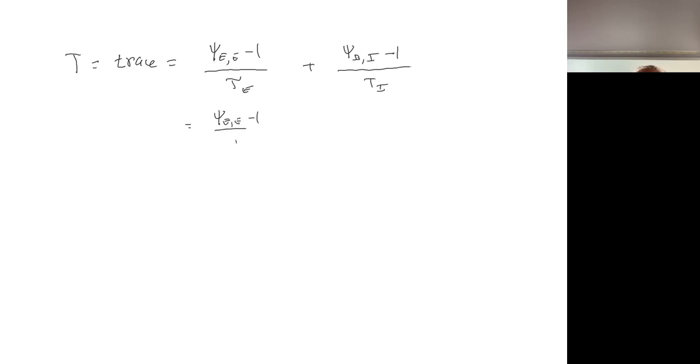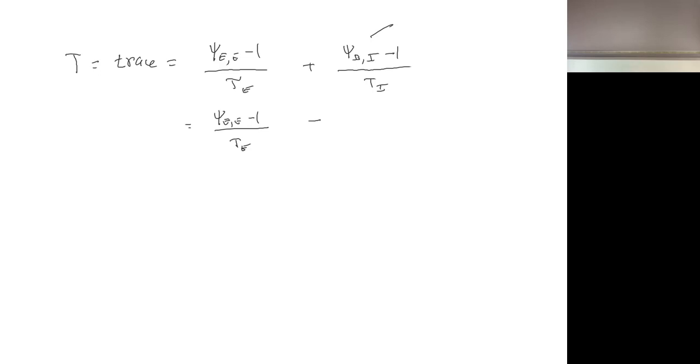So for our problem, T equals the trace equals psi E,E minus 1 over tau E, plus psi I,I minus 1 over tau I. Psi, remember, is negative, as this is the derivative of the gain function with respect to inhibitory firing rate.